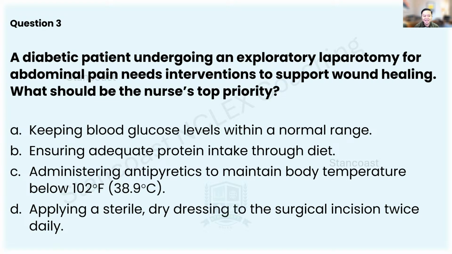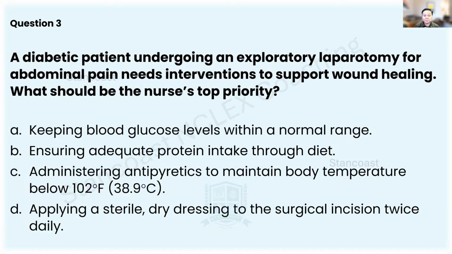Is it A, keeping blood glucose levels within normal range, or B, ensuring adequate protein intake through diet, or C, administering antipyretics to maintain body temperature below 102 degrees Fahrenheit, or D, applying a sterile dry dressing to the surgical incision twice daily?